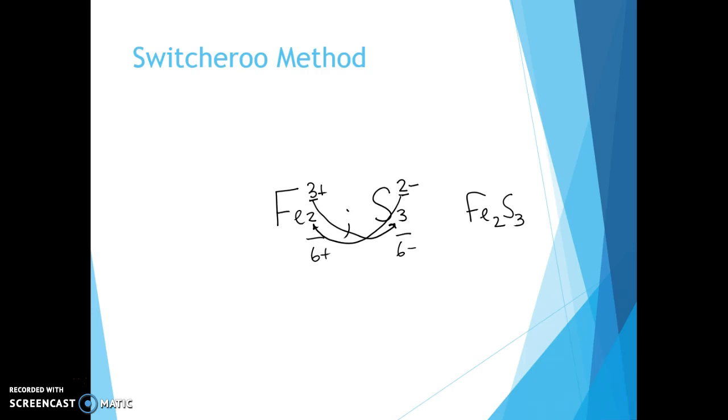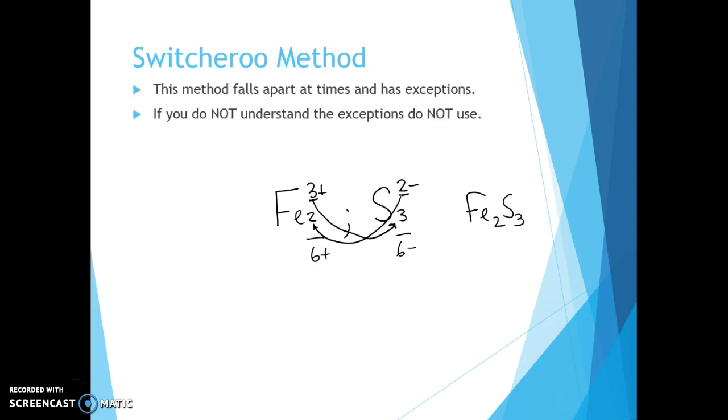Also, if you have the same magnitude, a +2 and a -2, it's not 2 and 2. It's 1 and 1. They cancel each other out. So if you don't understand the exceptions, this method falls apart. If you don't understand the exceptions, don't use this method. It will not be one that you understand at this moment. Maybe you will eventually come to understand it, but right now it would not be a good method for you.